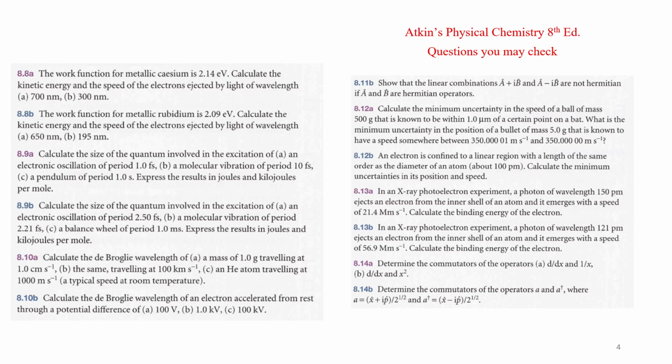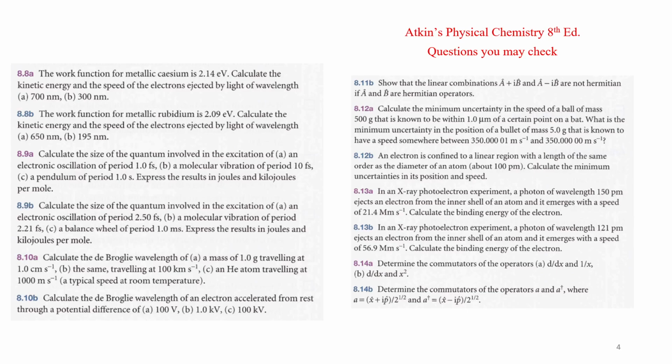Okay. Now let us go to question number 8.10a. Similar question: calculate the de Broglie wavelength of a mass traveling at this velocity, the same mass traveling at higher velocity, and a helium atom traveling at 1000 meters per second, a typical speed at room temperature. Let us do that.